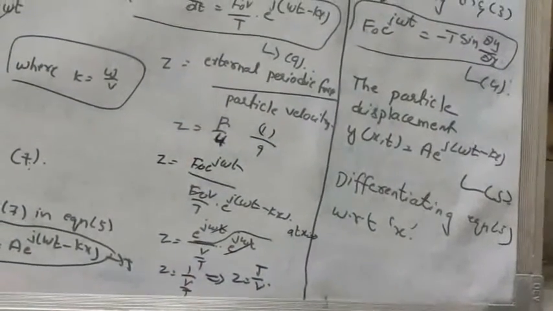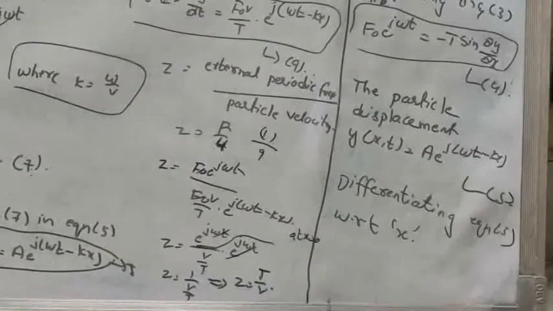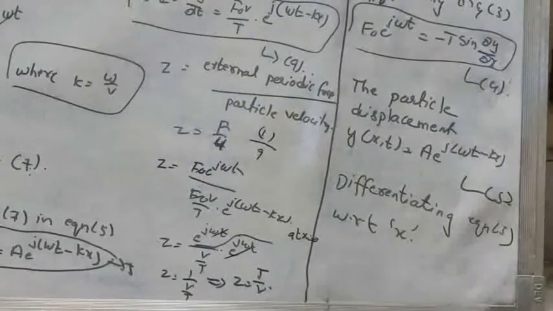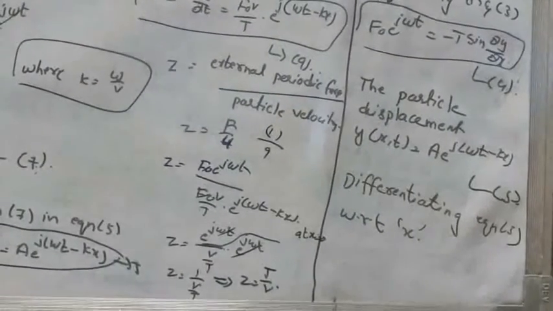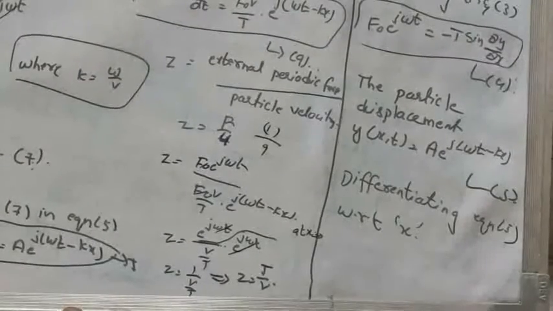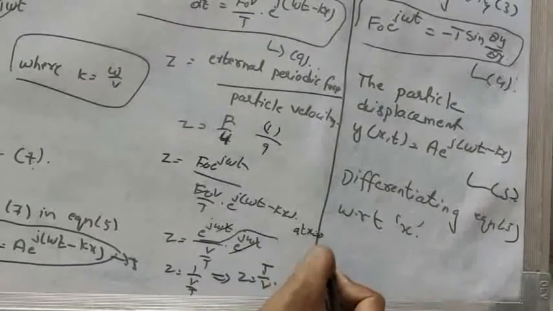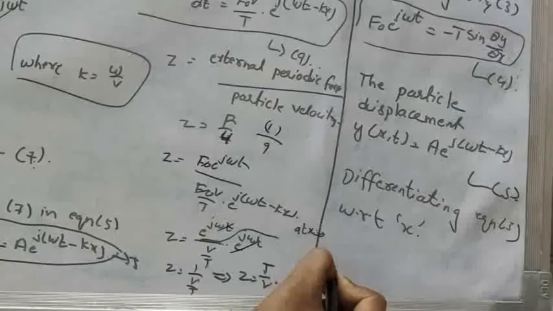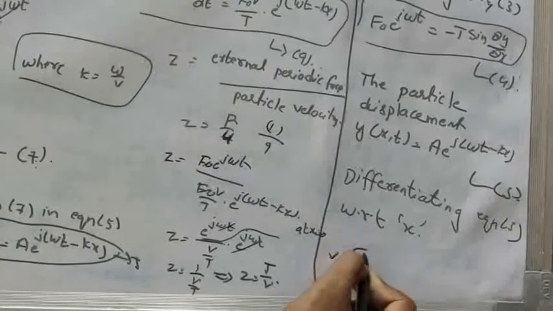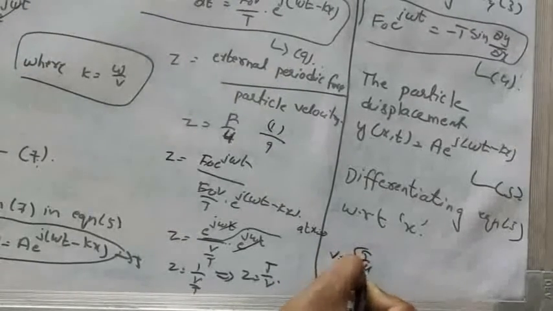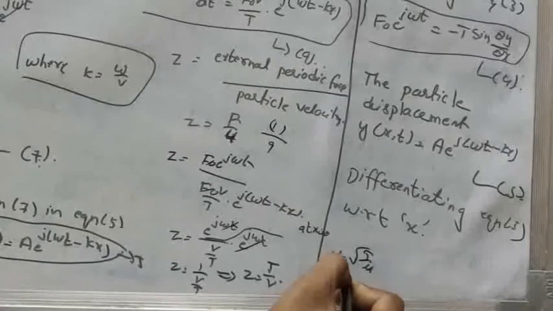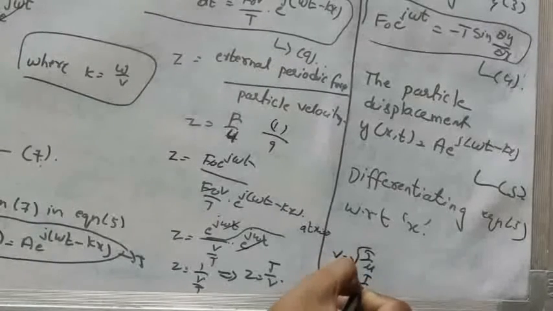Here the t value we can know from the wave velocity. How can you define wave velocity? V is equal to under root t by mu. So from this v square is equal to t by mu.